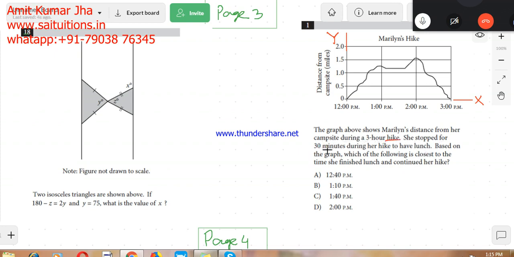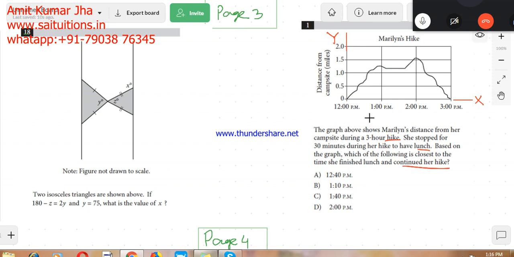She stopped for 30 minutes during her hike to have lunch. Based on the graph, which of the following is closest to the time she finished lunch and continued her hike? Now the graph is explaining Marilyn's hike, and she stopped somewhere for some time to have her lunch.